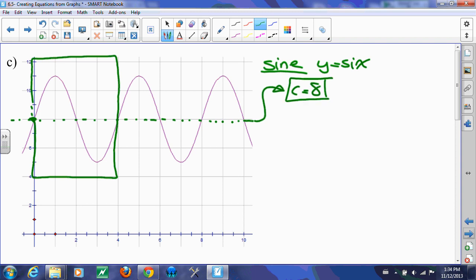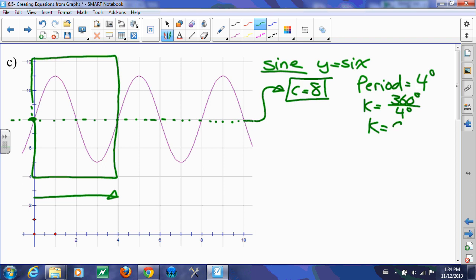Once we've boxed in one cycle, we'll see how long the period is. You're going to figure out that the period equals 4. Sub that in. K equals 360 degrees divided by 4. So K in this case equals 90.